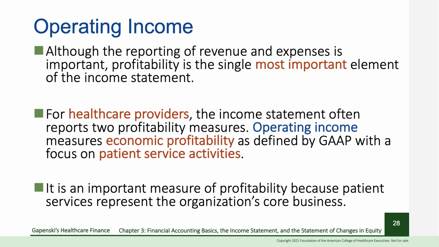So all of these things that generate revenue and are directly related to patient service activities is known as operating income. It is an important measure of profitability because patient services represents the organization's core business in healthcare. The focus of any hospital or healthcare organization is to provide patient care.